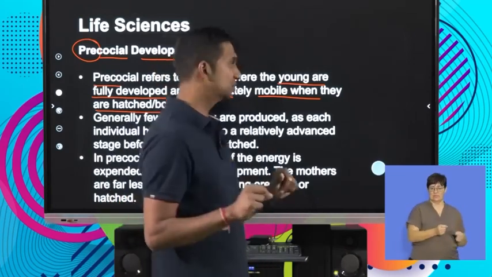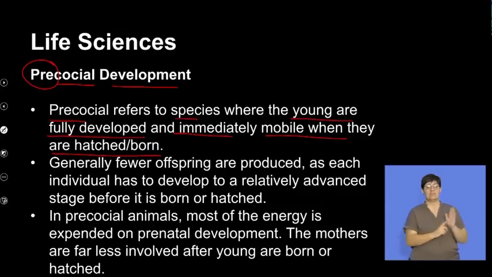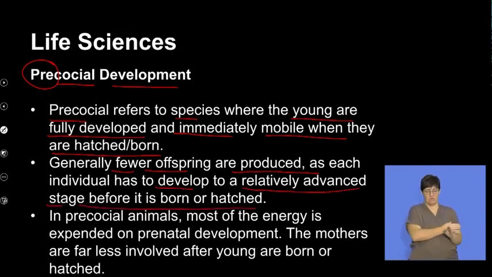And this links to a lot of the development that happens during the development of the young internally or in the egg. Generally, fewer offspring are produced when we refer to precocial development, as individuals have to develop to relatively advanced stages before being born or hatched.